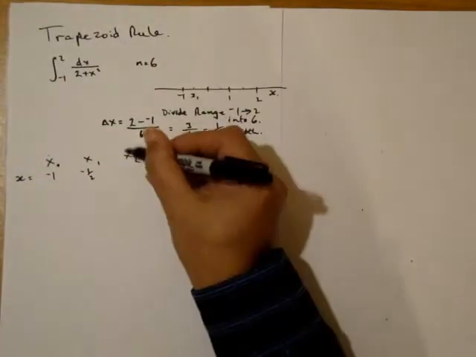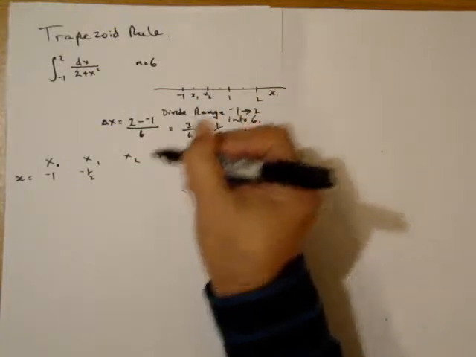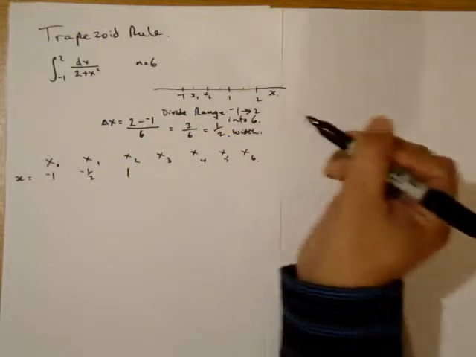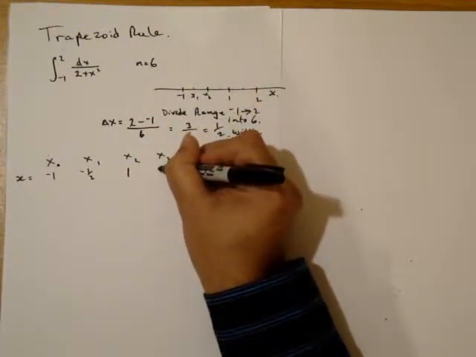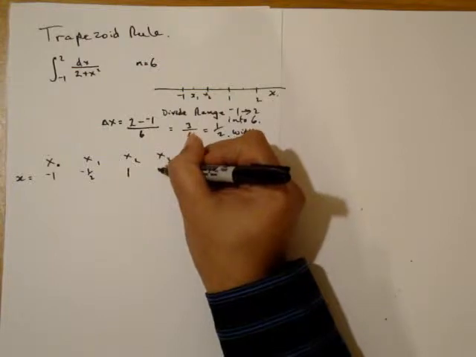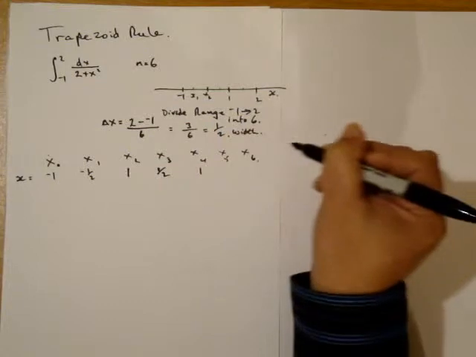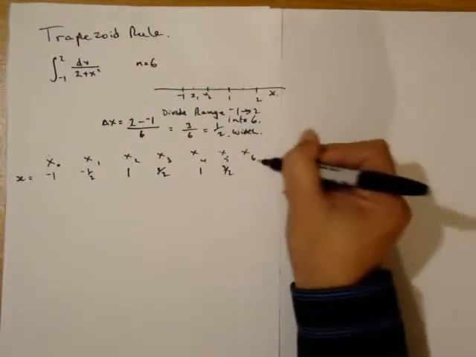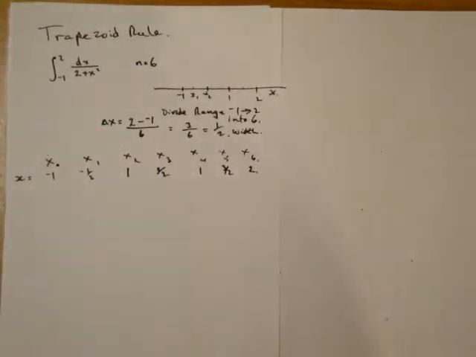At x2, it'll be -1/2 plus a half, which is 0. x3 will be a half. x4 will be 1. x5 will be 1.5, and x6 will be 2. So those are our x values.